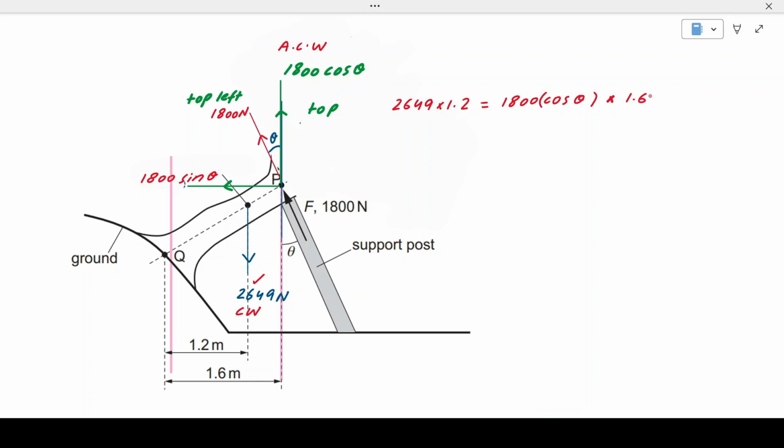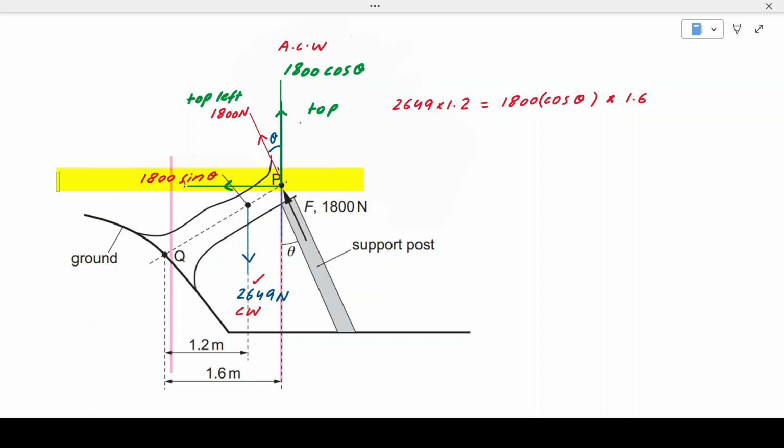The biggest problem was that many of the students were failing to understand that there is still another component of the force which would also produce a moment, because that force does not pass through the pivot. Which one? I'm referring to this one. Now think about it. Is this force passing through the pivot? No, it's not.